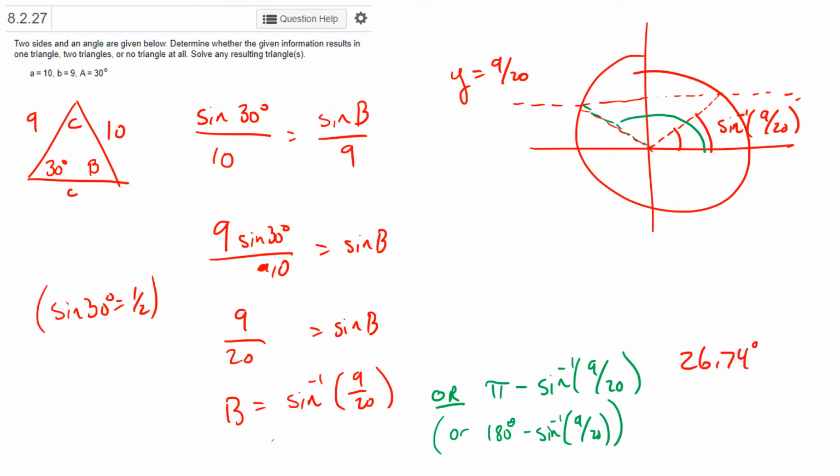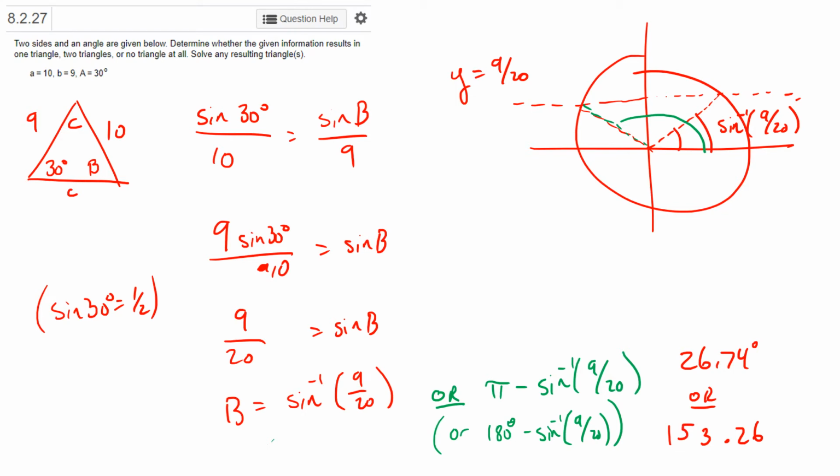And if 26.74 is the arcsine of 9/20, then the other possibility is 180 minus that, which is going to be, sorry, not 173, but 153.26.